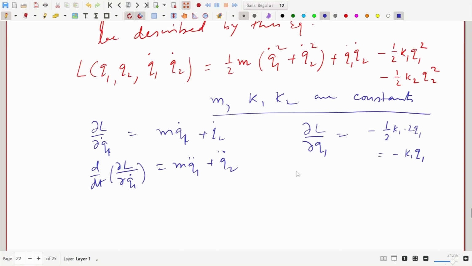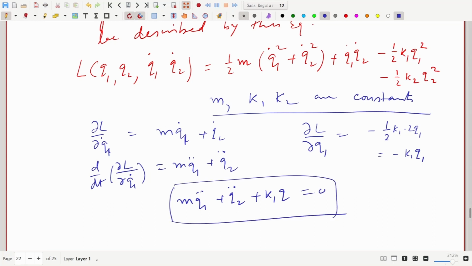So the equation of motion will be m times q1 double dot plus q2 double dot, plus k1 q1 equal to 0. If the Lagrangian is of this form, then the equation of motion will be this.